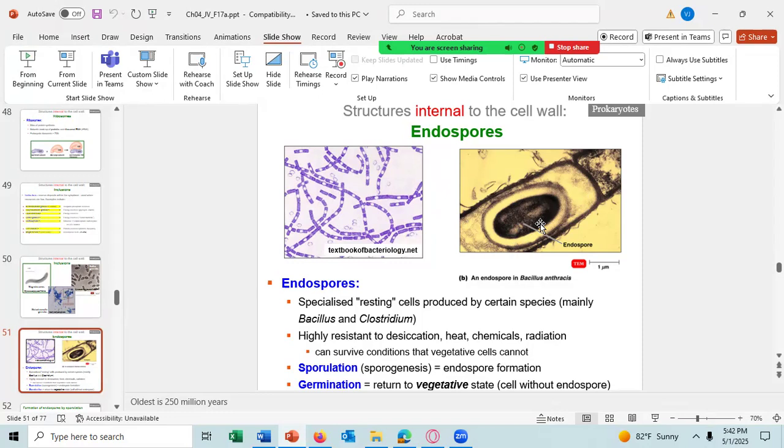There are some endospores that they found in Egyptian mummies, which are 8,000 years old or older, and they've gotten them to germinate after 8,000 years. The oldest endospore, I think, was something like 40,000 years, and they got that from an endospore they dug out of the Antarctic ice core.